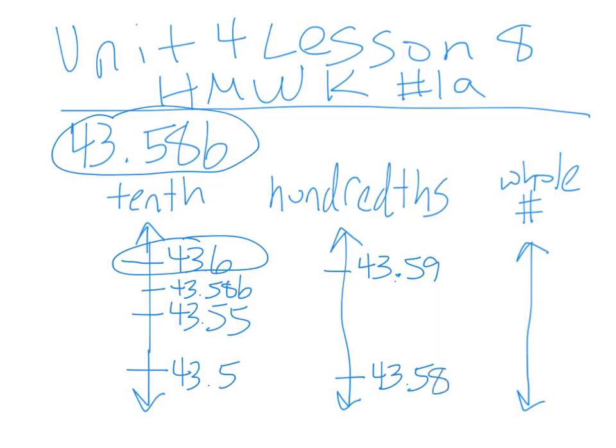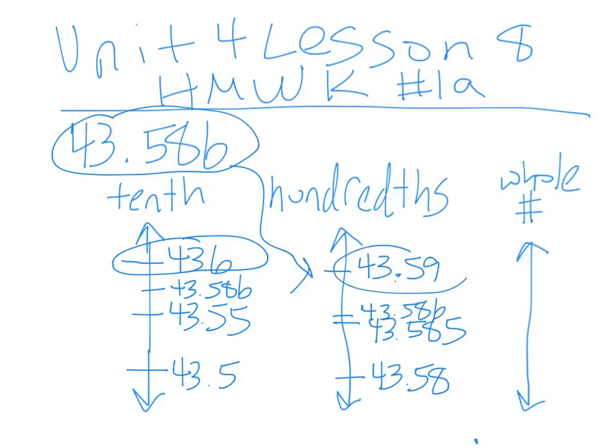What would come in the middle, or what would be the midpoint? That would be 43.585. Then we place this decimal where it belongs on the number line, and that would be right above the midpoint. And since it's above the midpoint at all, we would round up.